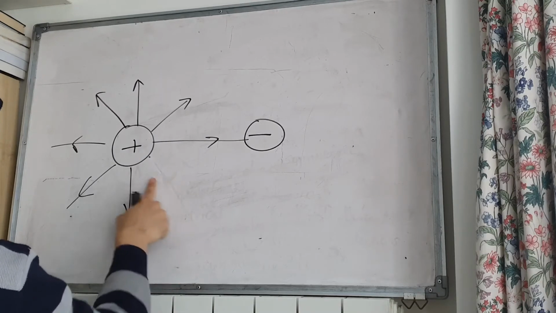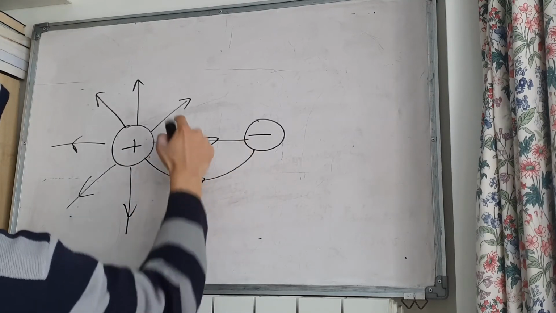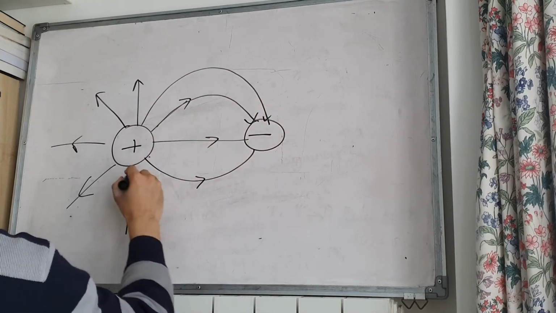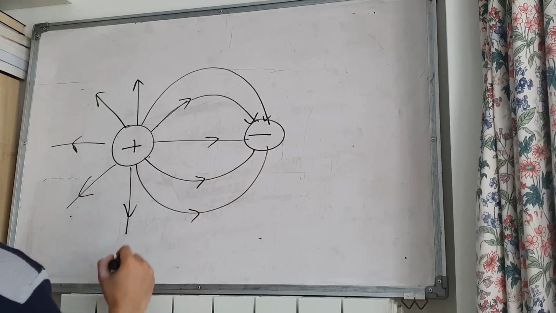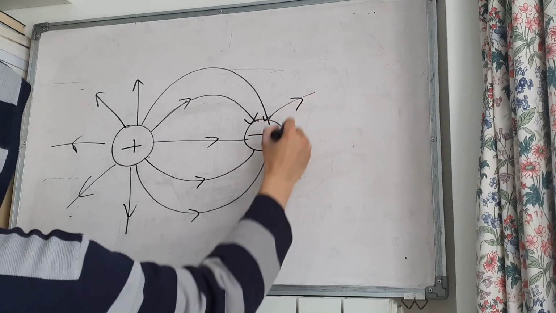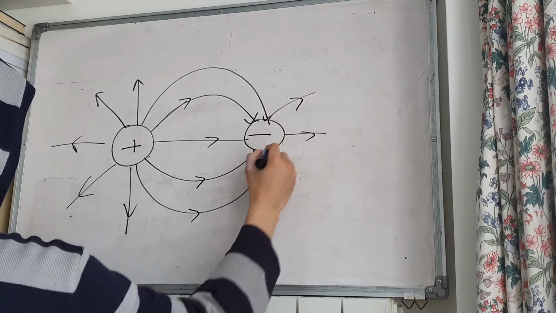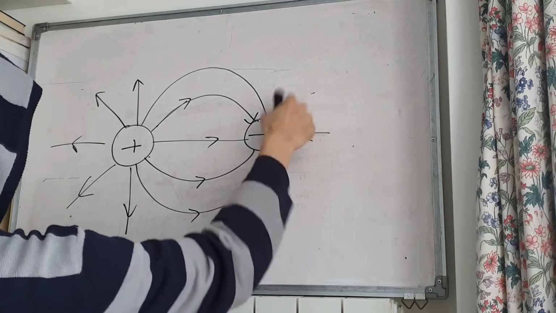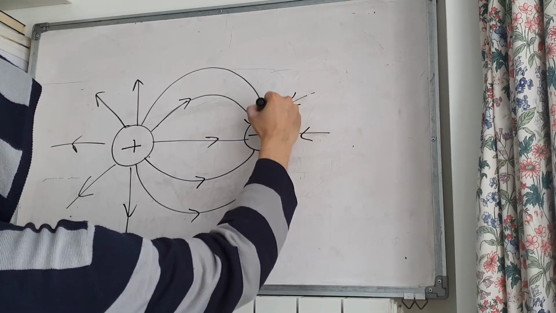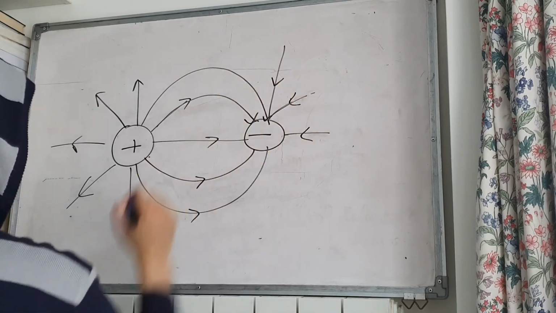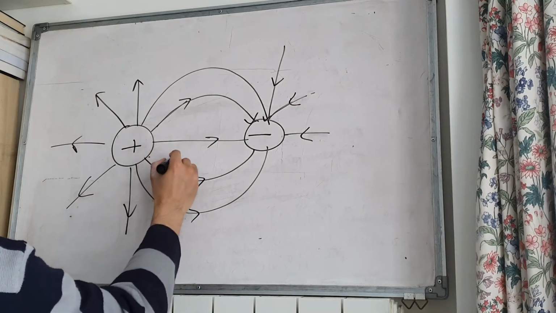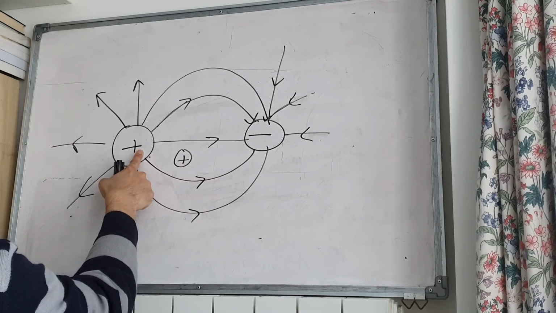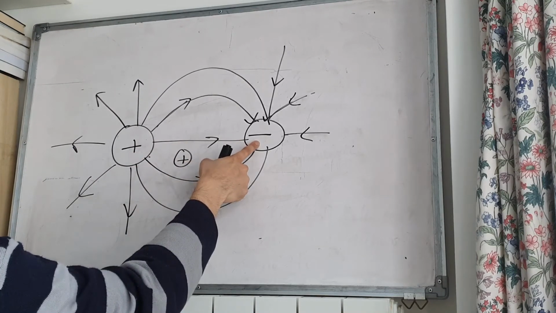So it would still go like this. If you were to put a positive test charge, it would be repelled from the positive charge and it would go to the negative charge.